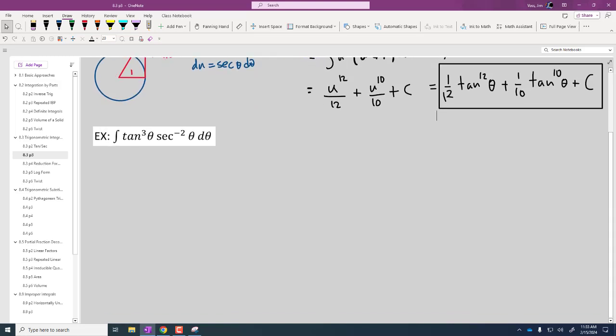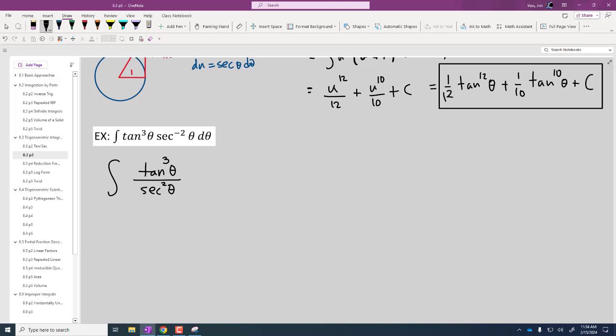This is not considered an even power on secant. When we say an even power on secant, we mean in the numerator. This thing is in the denominator, so this is a tan cubed of theta over secant squared. The whole idea is that you're pulling something off that can be grouped with the dx or the d theta or whatever, the differential.